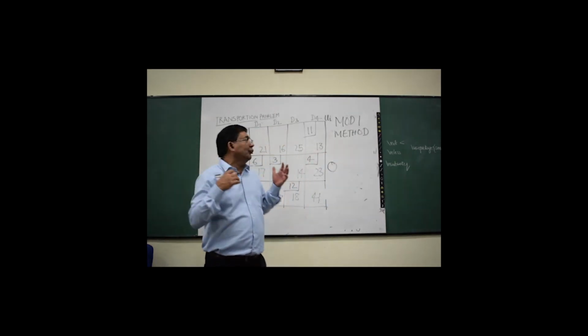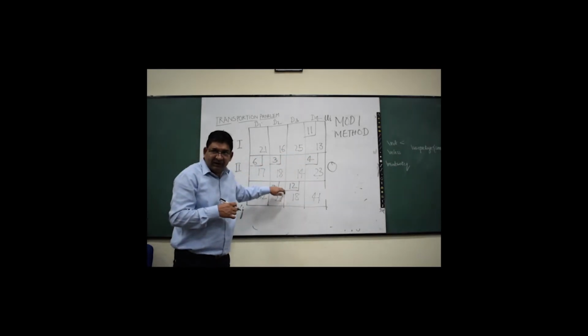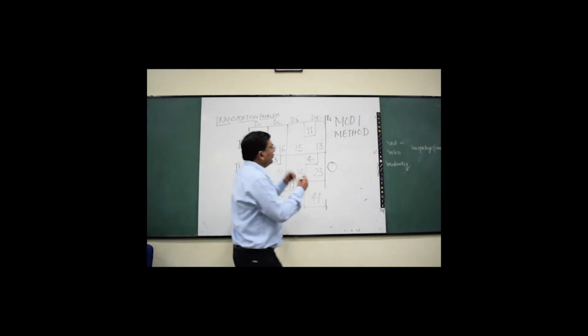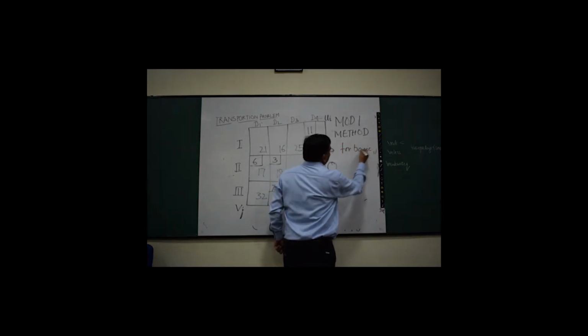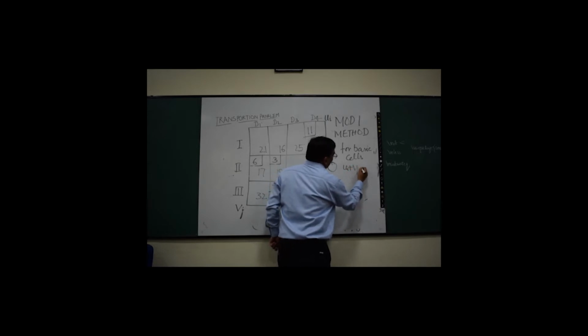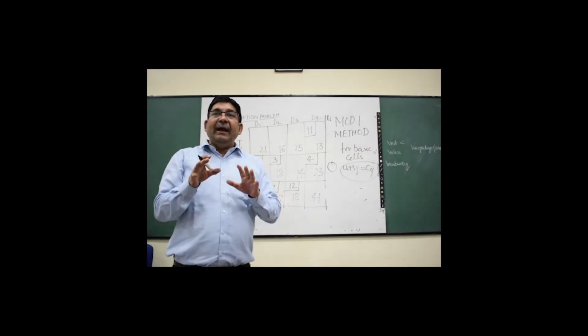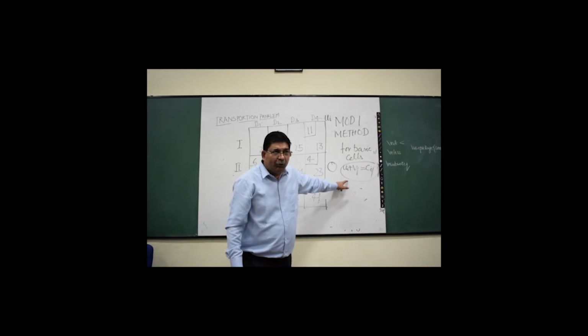As I have already told you, these are the basic cells of the solution where the allocation is there. To find out the rest of the variables, we use the equation for basic cells: ui plus vj is equal to cij. By using this equation, we find out the rest of the variables.